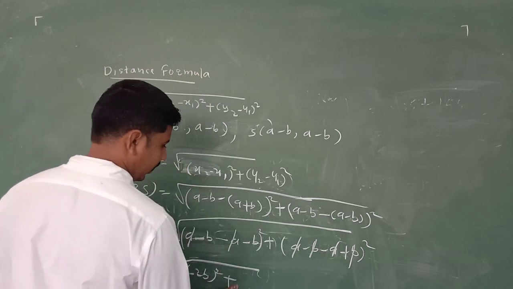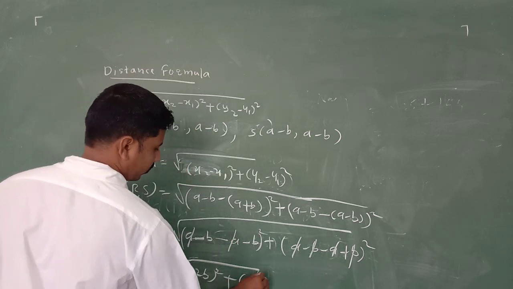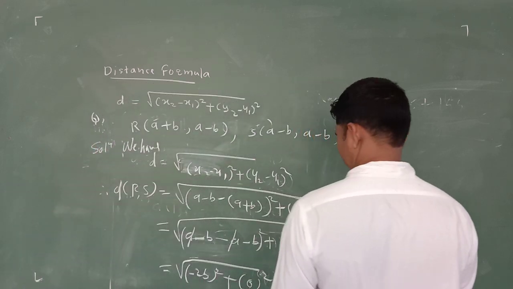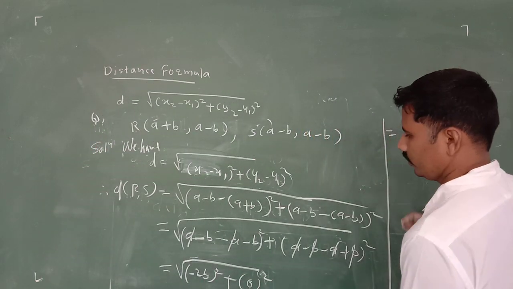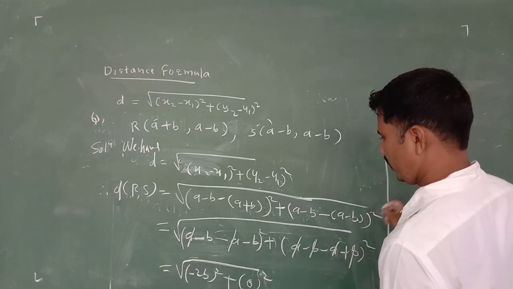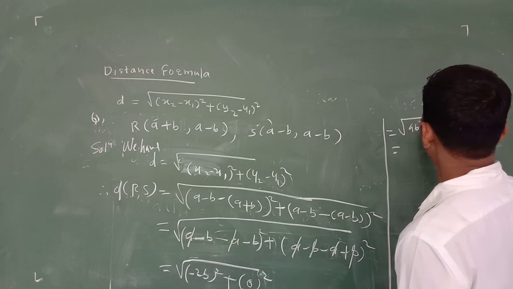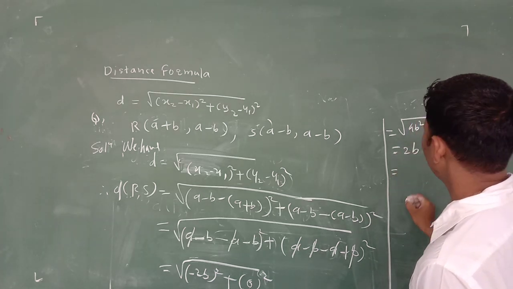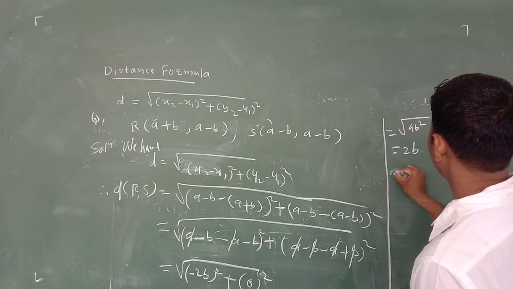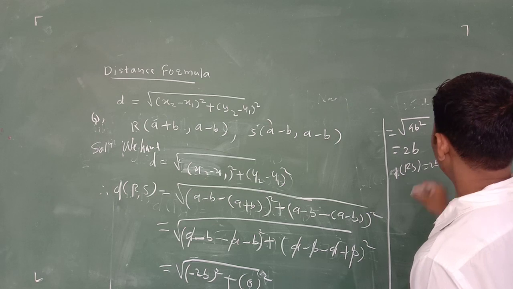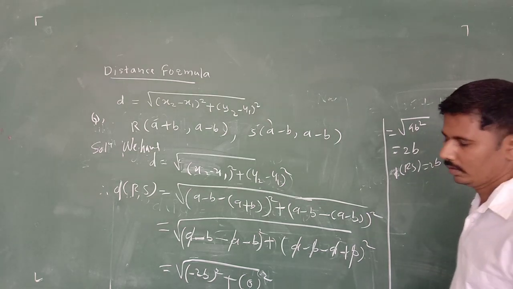Then here 0 square. What is 0 square? So it is equal to under root 4b square plus 0. So under root 4b square is 2b. So 2b is the distance between the points. Therefore distance RS is equal to 2b.